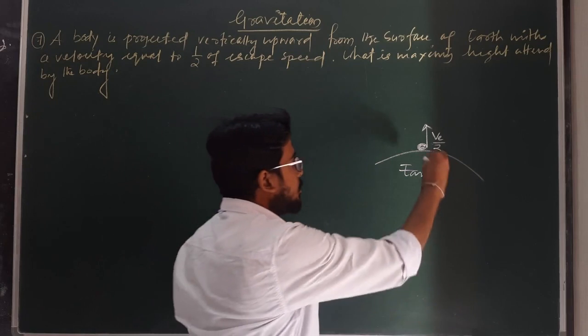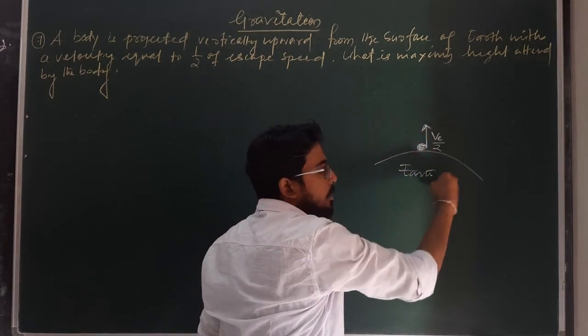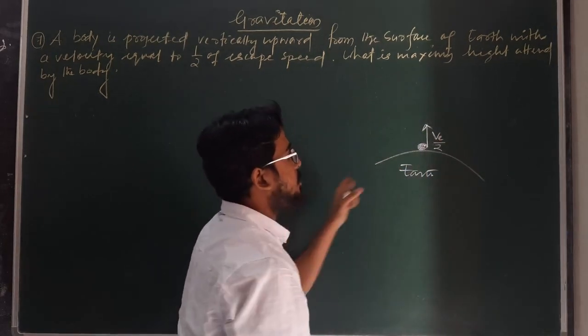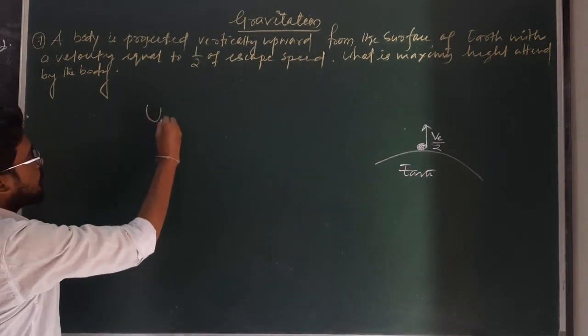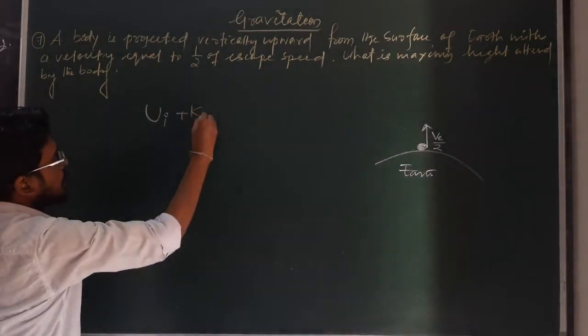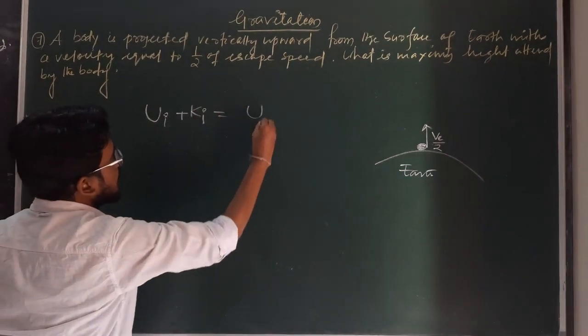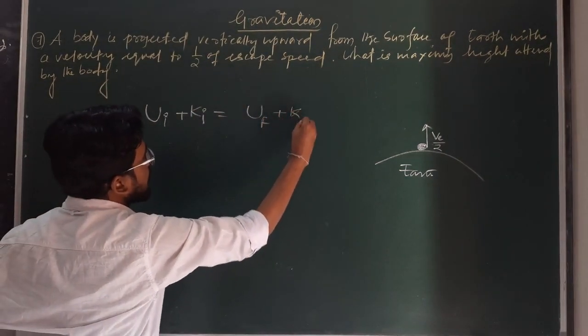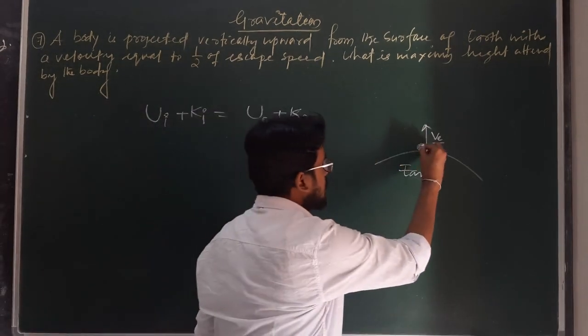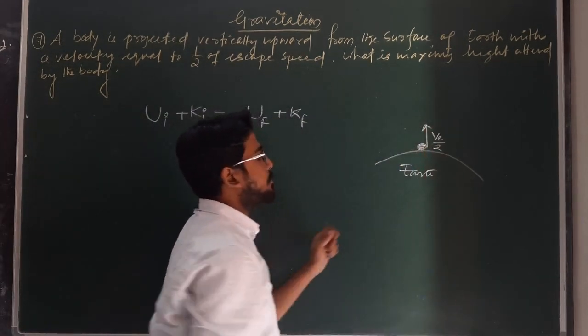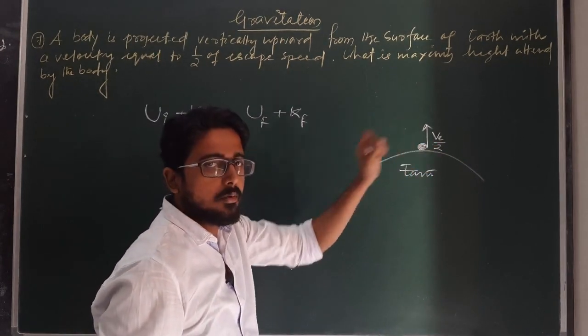Clear? So as the body moves under a conservative force field, the total mechanical energy of the body remains conserved. So we can write the initial potential energy plus initial kinetic energy must be equal to the final potential energy plus final kinetic energy of the body. Clear? So initially the body moves with a speed equivalent to half of the escape velocity of earth.